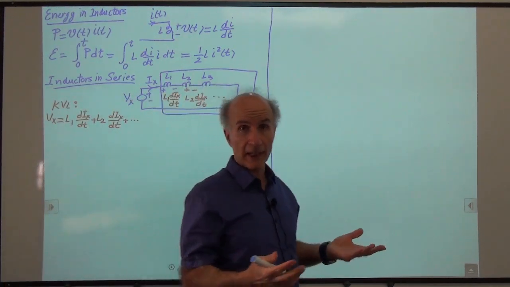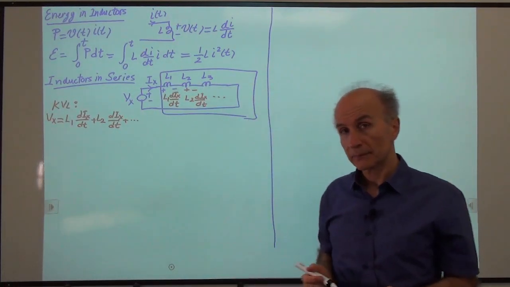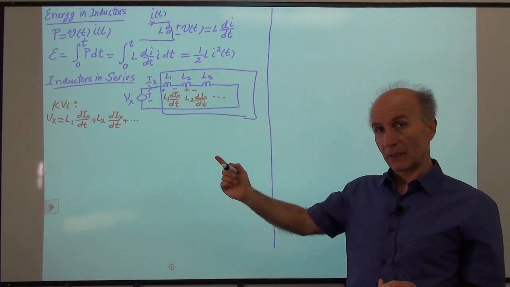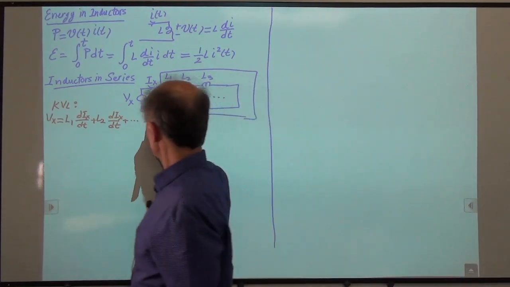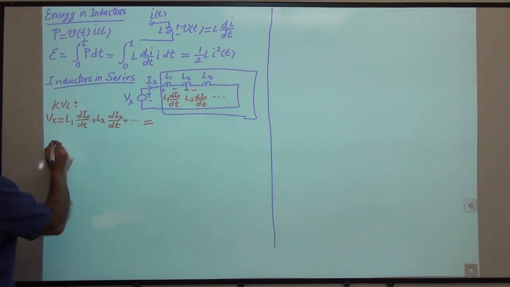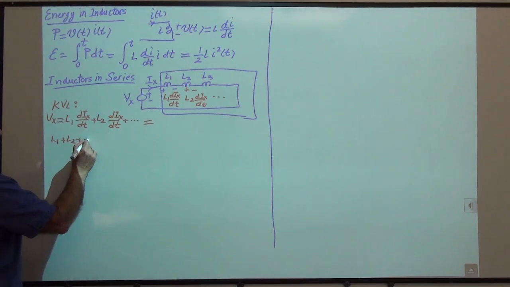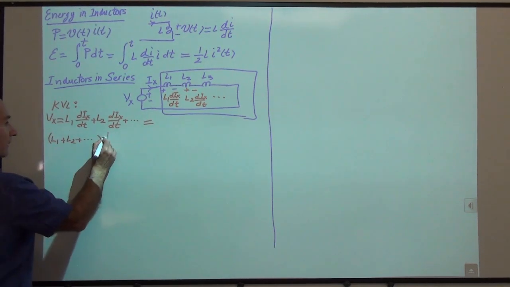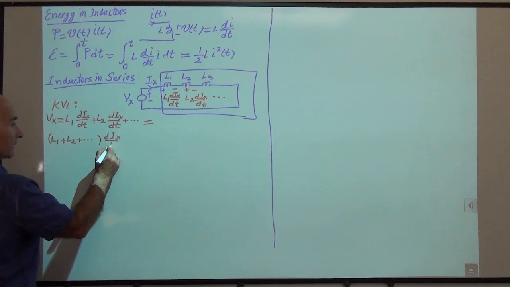If they are in series, they have to have the same current. Now you can see something going on here, right? So we can factor dIx over dt. So we have L1 plus L2, etc., times dIx over dt.